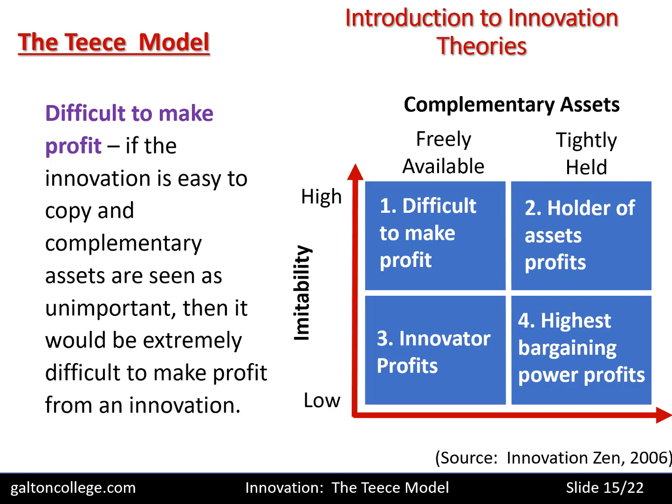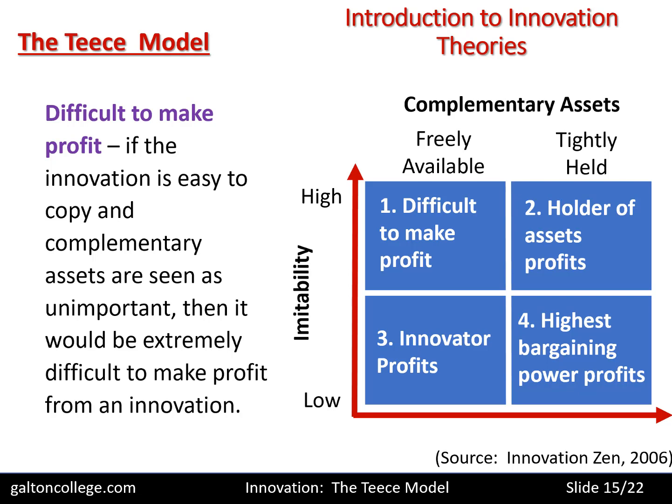So if it's the case that anyone can produce it, there's no legal restrictions, it's not a complicated product, anyone can do it, and no real problems with the complementary assets, the distribution, the sales, whatever, then lots of companies will want to do it because there are profits to be made.